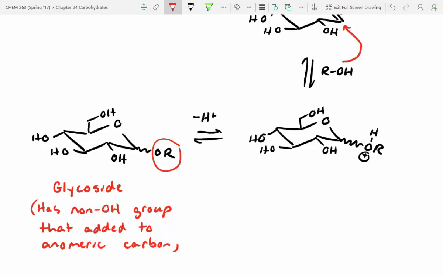So a non-OH group that was added to the anomeric carbon. I'm going to make the parentheses bigger. So oftentimes you see things referred to as O-glycosides. O-glycosides are where an alcohol attacks in, and there's also N-glycosides where an amine attacks in, right?